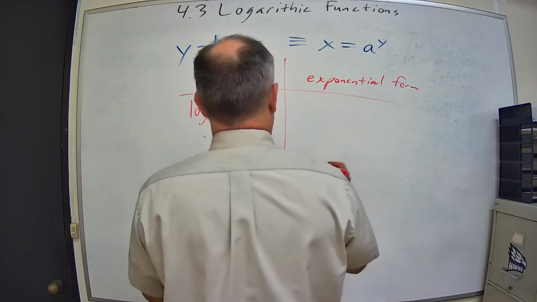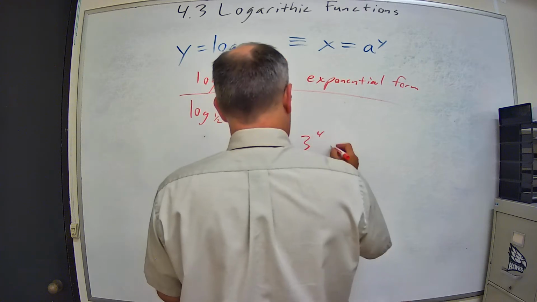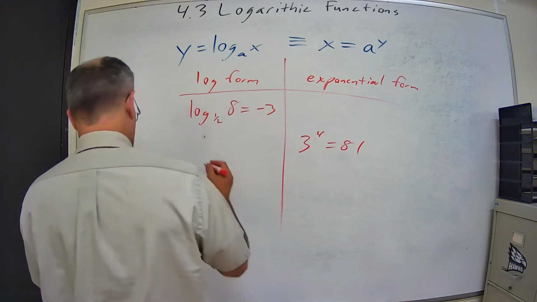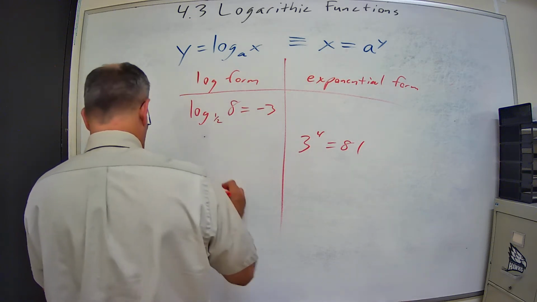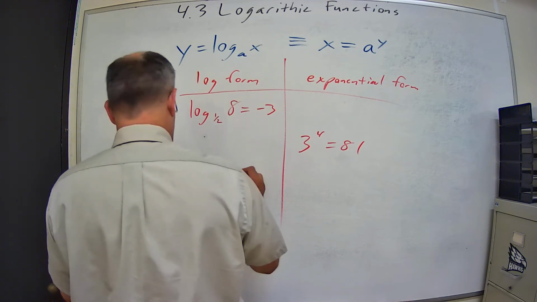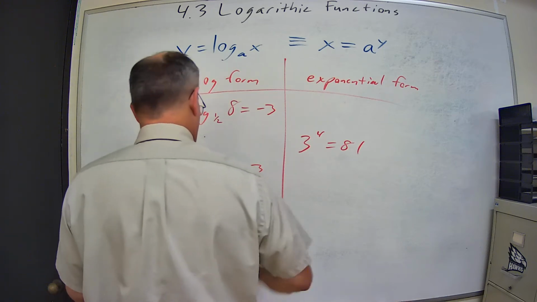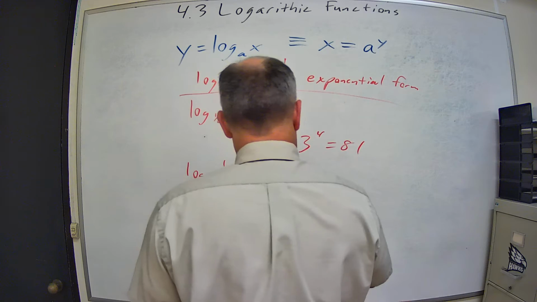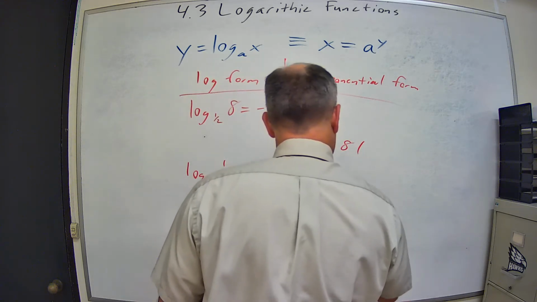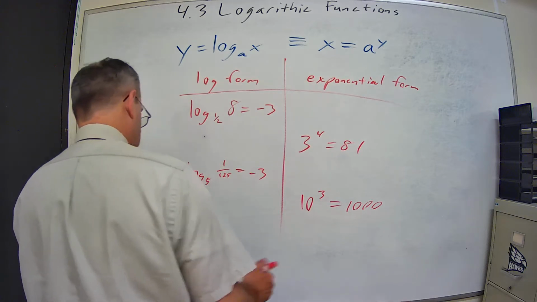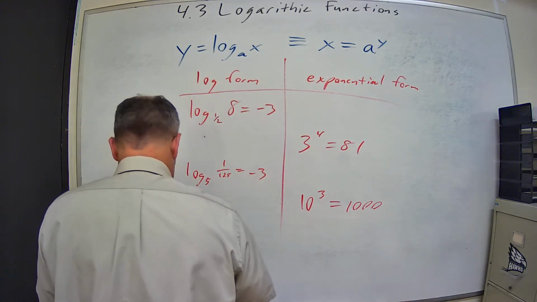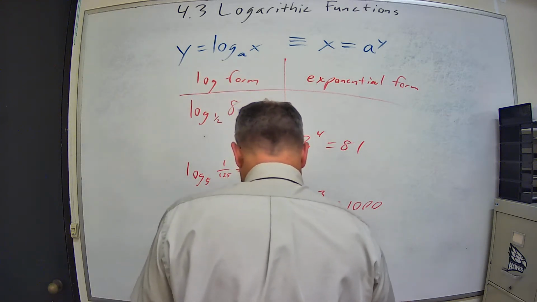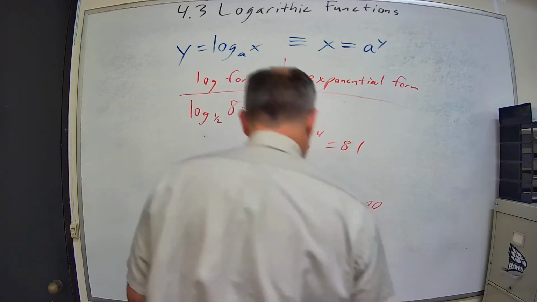Over here we're going to give 3 to the 4th is equal to 81. Over here log base 5 of 1 over 125 is equal to -3. Over here, 10 cubed is equal to 1,000. Log base 6 of 1 is equal to 0. And 12 to the 1 is equal to 12.